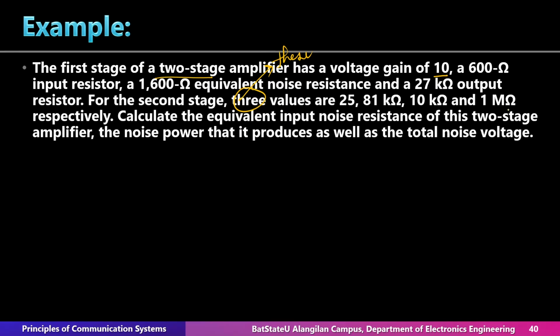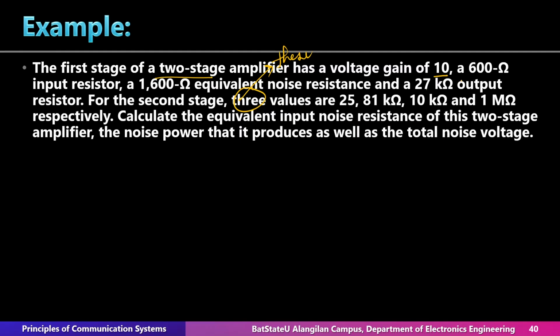At yung 1 mega ohm, yun yung output resistor ng second stage. Ngayon, anong hinahanap? Calculate the equivalent input noise resistance of this two-stage amplifier. Computin din natin ang noise power na kanyang mapuproduce and the total noise voltage.